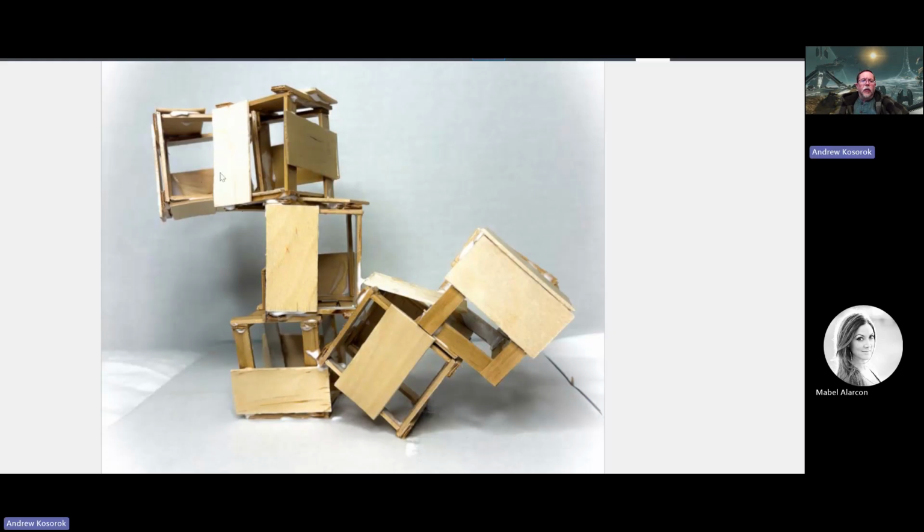Now, Mabel, what are your observations about this sculpture? Yeah. The structure, the modules can be identified pretty easily, which is really good.